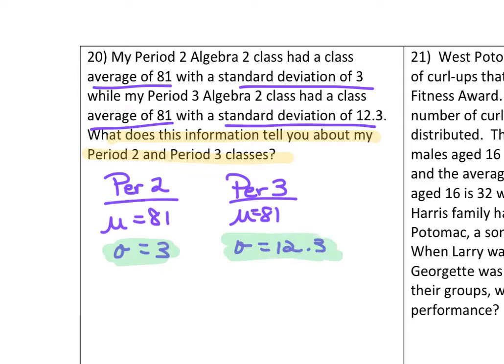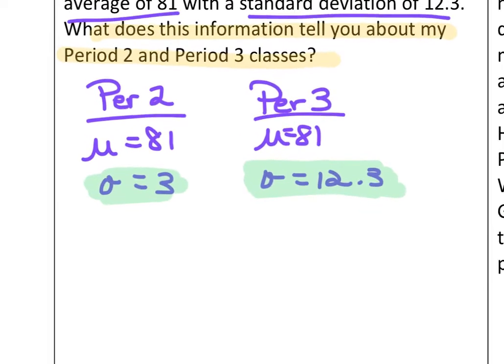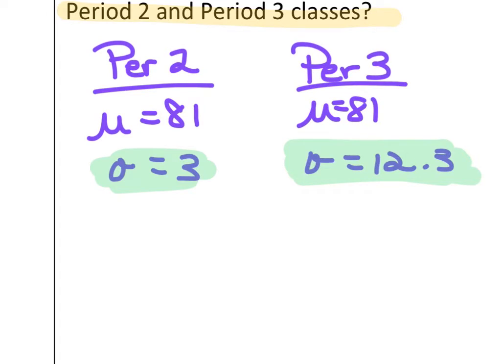And remember that standard deviation measures spread. So that would mean that the grades in the period 3 class are much, much more spread out than the grades in the period 2 class. Or you could say alternately that the period 2 class grades were much closer together.